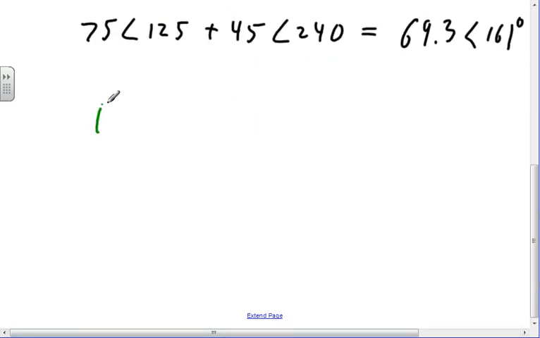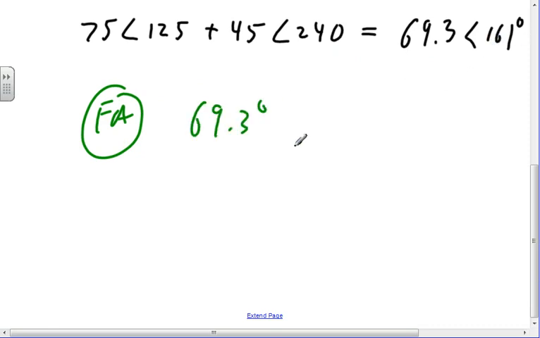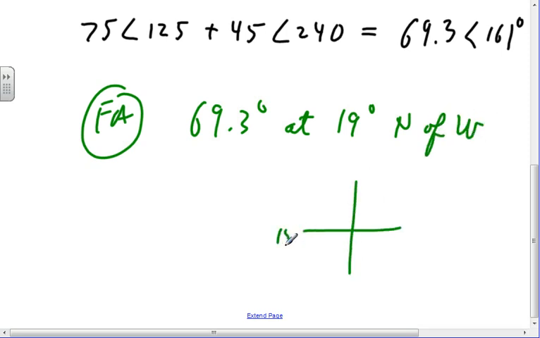So our final answer would be 69.3 at 19 degrees north of west. Right there is 180, and that'd be west. So this guy here would be 19 degrees north of west. That's what we would do.